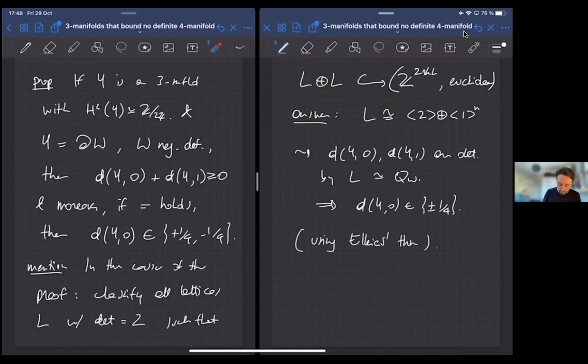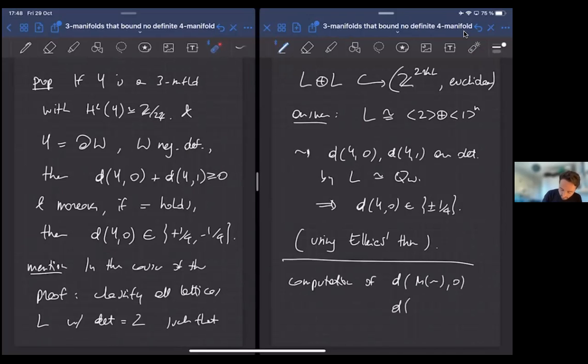Great. So once we have this proposition, we need to get some computations done. So the rest of the proof is actually computation of D of our nice manifold 0 and D of our nice manifold 1.